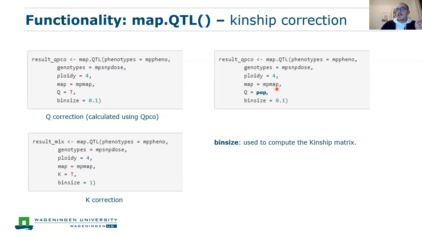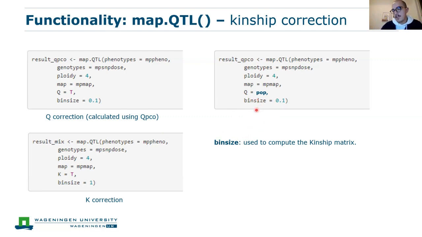One thing I should mention is this bin size parameter. When you calculate the kinship matrix, what we do is we sample markers across bins of specified distance to have a homogeneous sampling over the whole genome, even if your markers are very heterogeneously distributed. So the size of the bins is defined by this parameter.